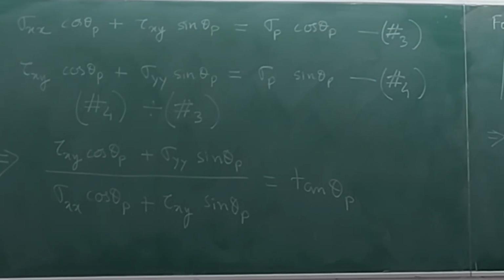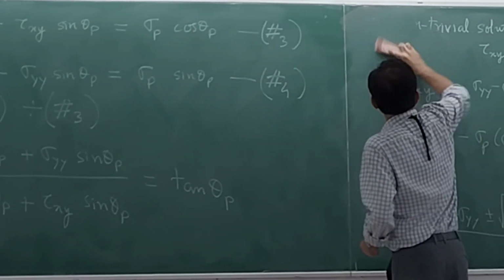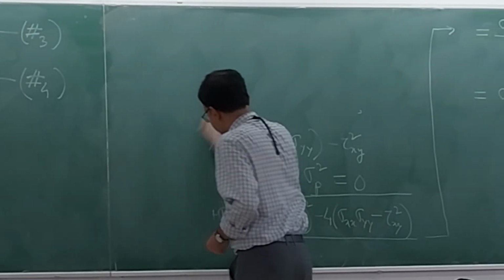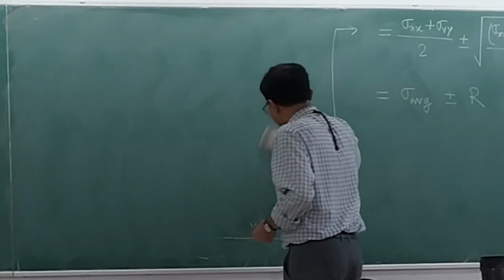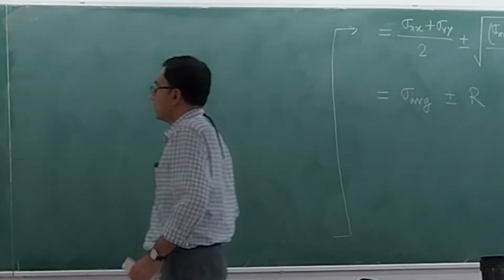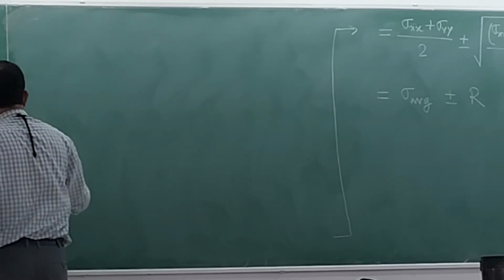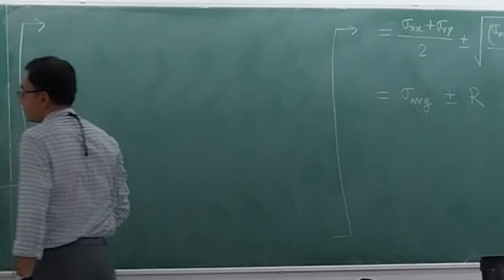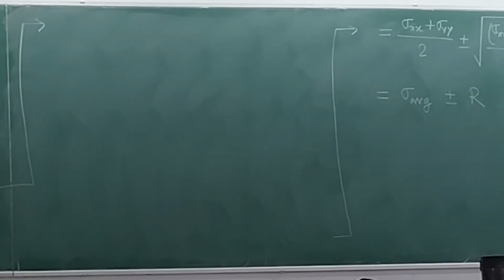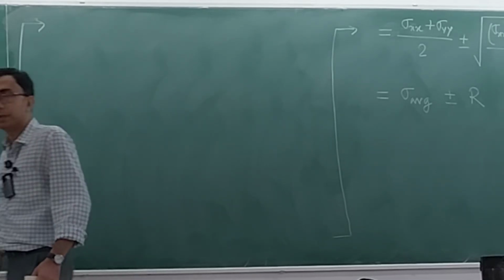So from here, what we'll do is, on this left hand side, we'll divide the numerator and the denominator by cos theta p.